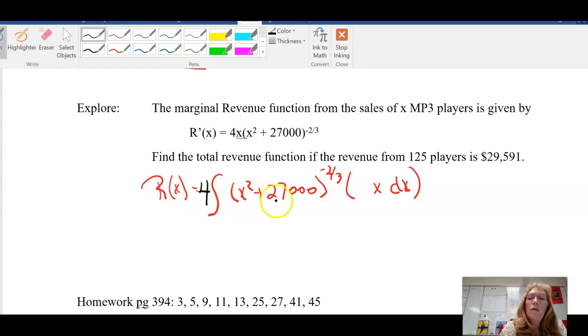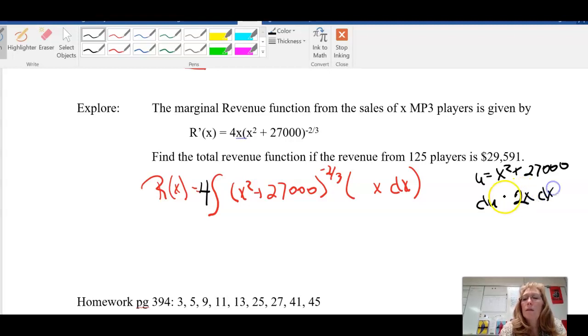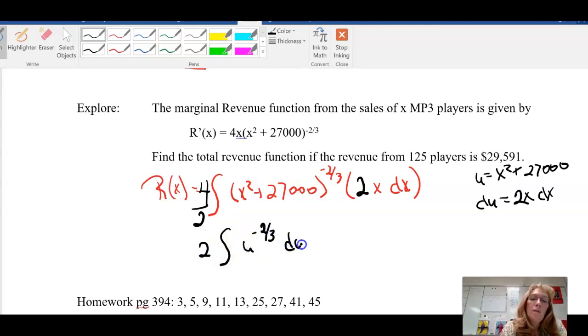So if u equals x squared plus 27,000, then du is equal to 2x dx. That means I need a 2 here, and I'm going to divide by 2 here. So currently we have 2 u to the negative 2/3 du.